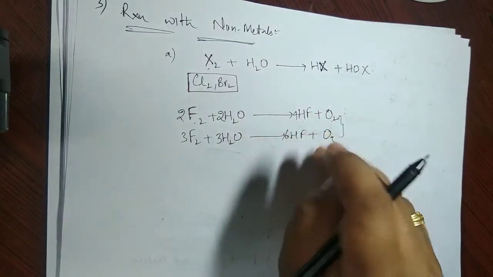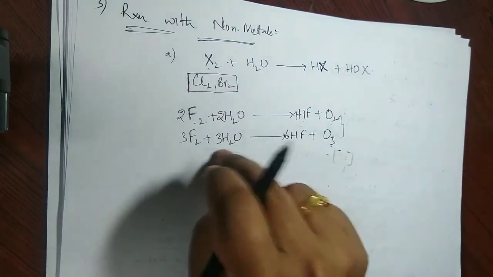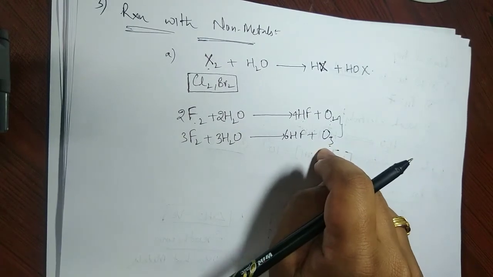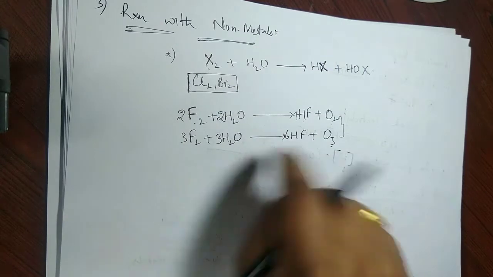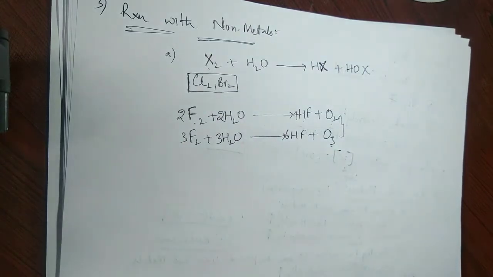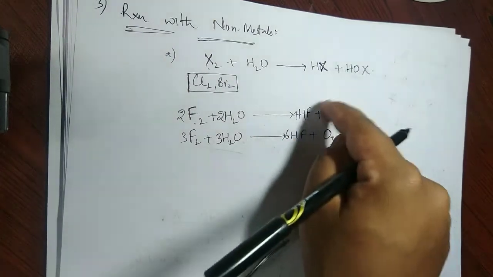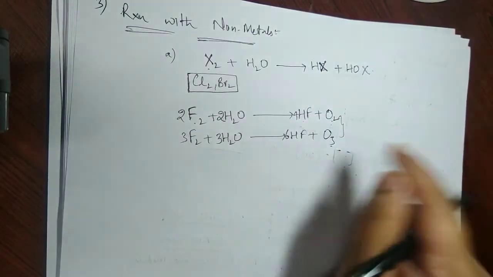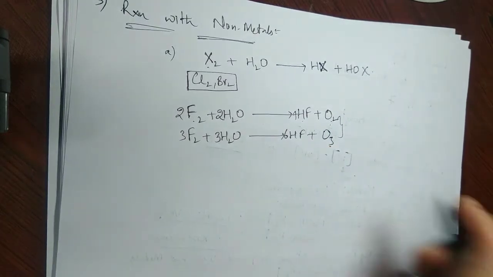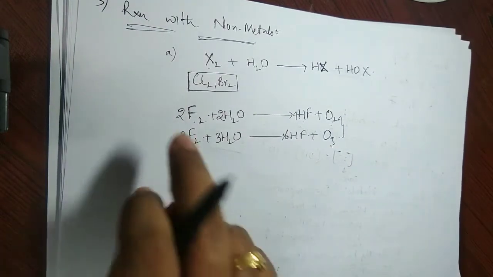If mentioned as excess amounts, then basically ozone. If they pinpointedly mention 2 moles and 3 moles, go by that. If they mention generally excess amount, look for the ozonized oxygen option, and if that is not there, then ozone. All right, so this is the reaction with fluorine.